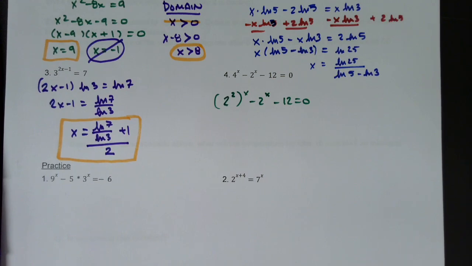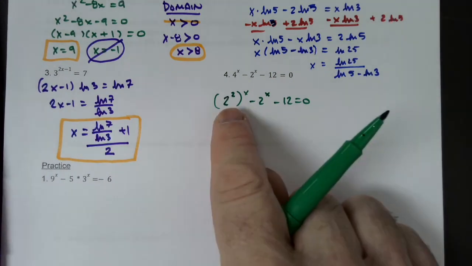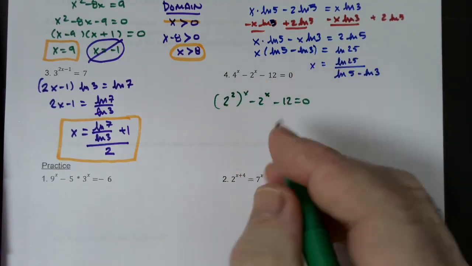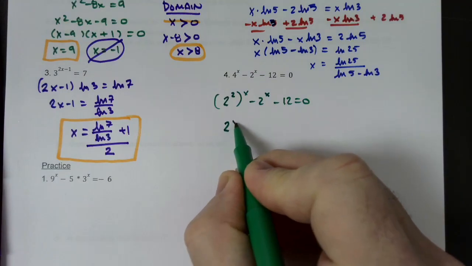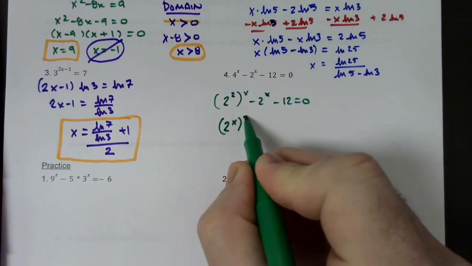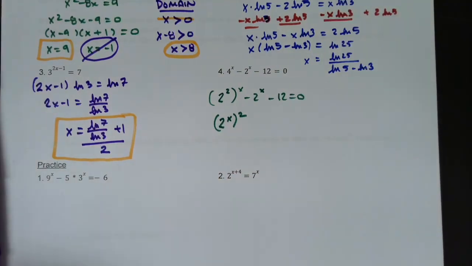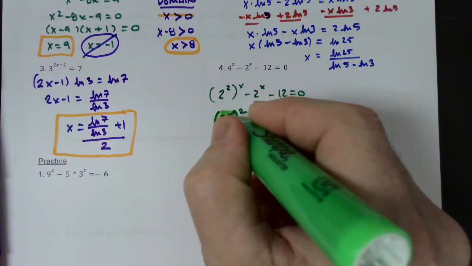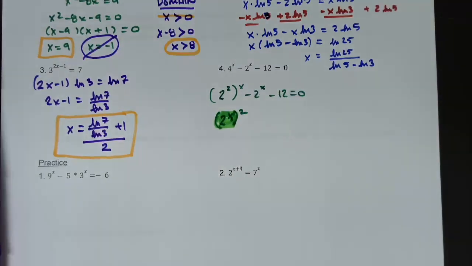But what I want to do is consider this as, remember, power to a power multiply. So I could write this as 2 to the x, all of that squared. So now I've got this thing here, 2 to the x, and I'm squaring that.